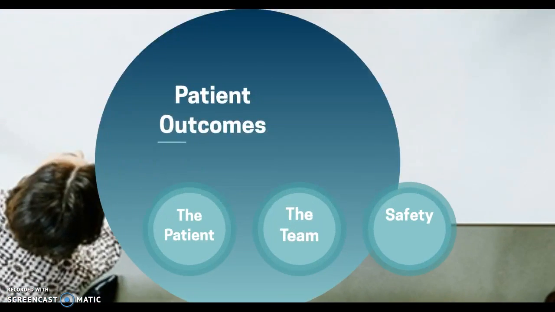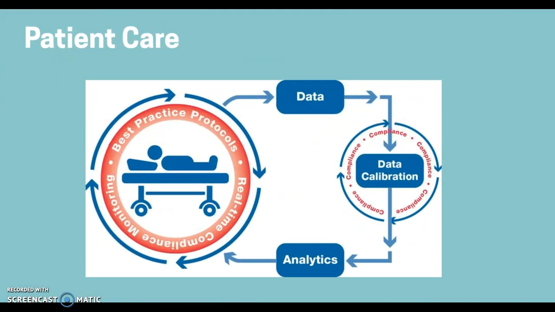So really, ultimately, it's about the patient, right? The patient is the one that we want the best outcomes for. So how do we do that? Well, our patient care is evidence-based practice. What got us to evidence-based practice? Well, it's data.